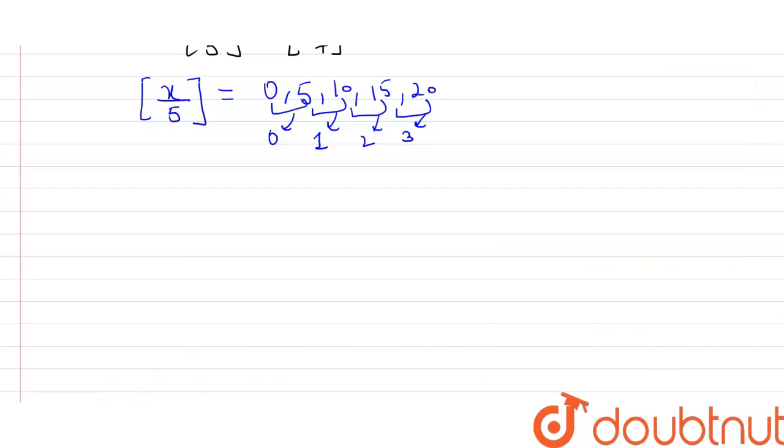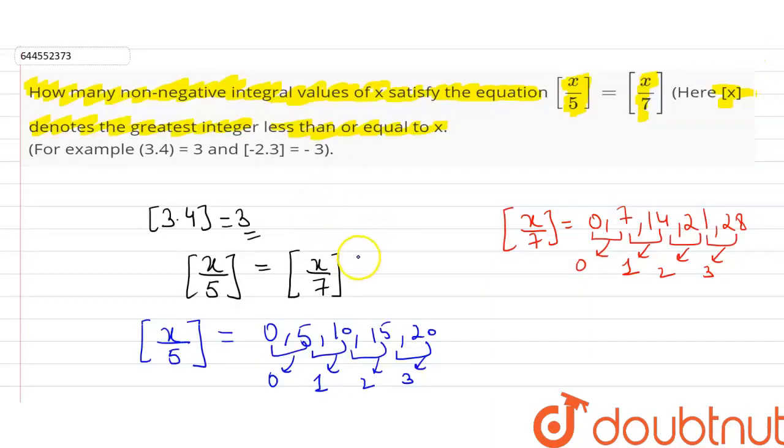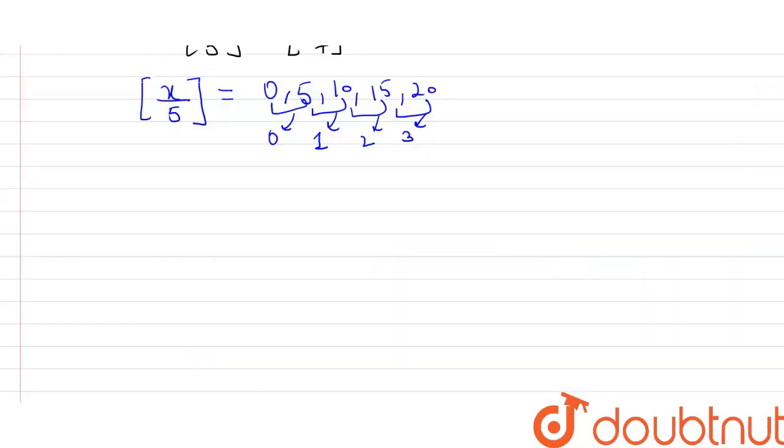So now we have to find the values of x which would satisfy this equation. We will see these intervals one by one and find the common values of x. For the integral value equal to 0, for x upon 5 x ranges from 0 to 5, and for the greatest integer part of x upon 7 it is from 0 to 7.